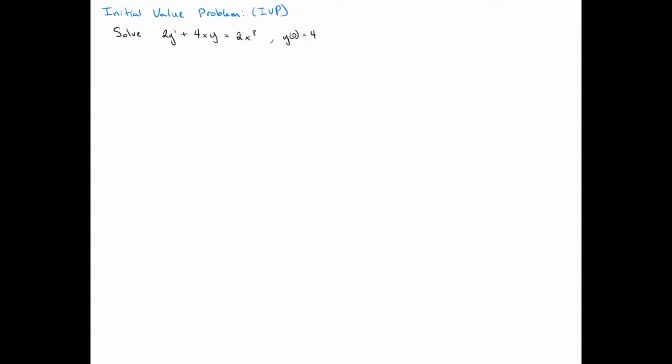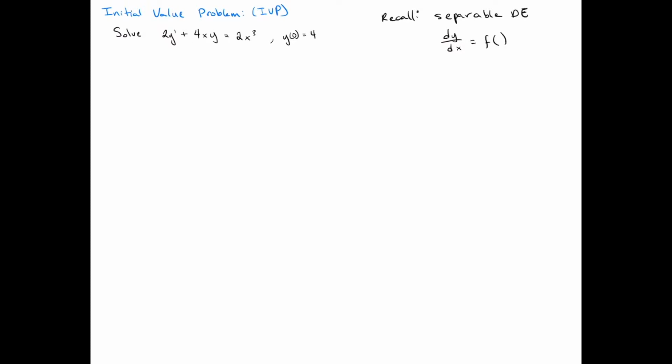So the first thing we should notice is that this differential equation is not separable. Recall, in a separable differential equation, which I'm just going to denote as DE, the equation follows some form such as this.